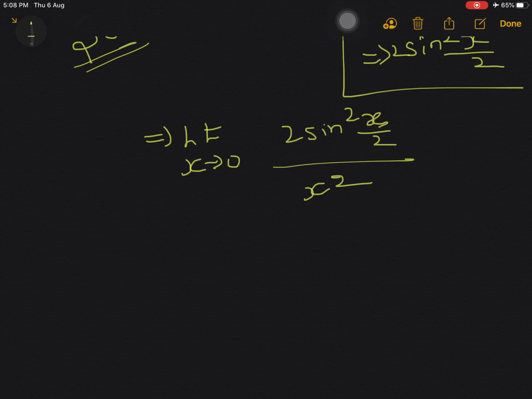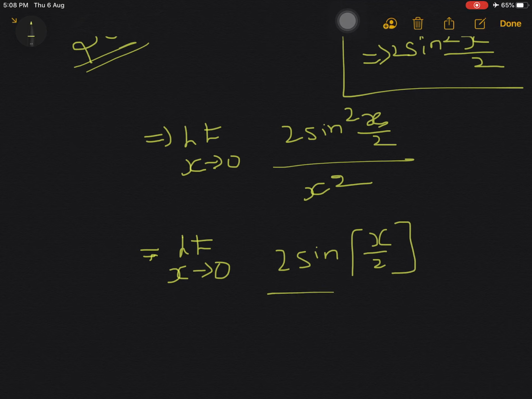Here, limit x tending to 0, 2 sine square x by 2 divided by x square. To get the standard results we have to do something different: we write x square as x by 2 whole square into 4.